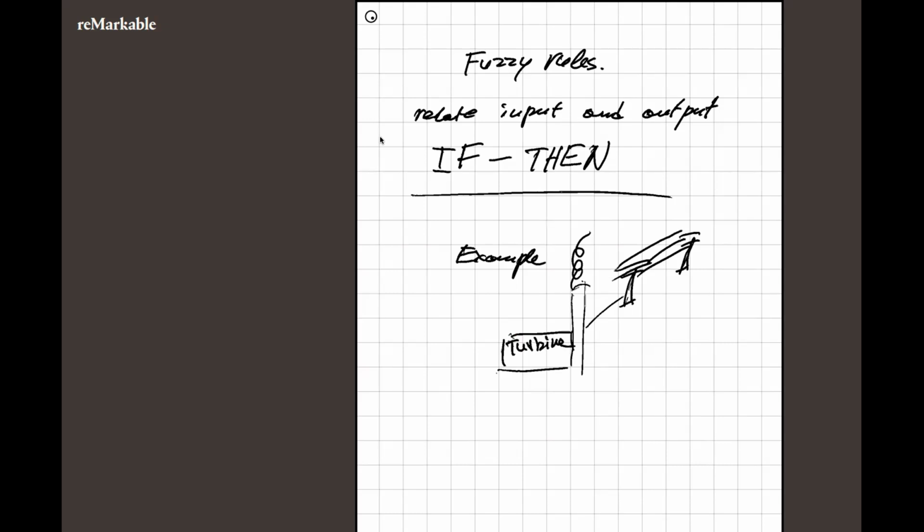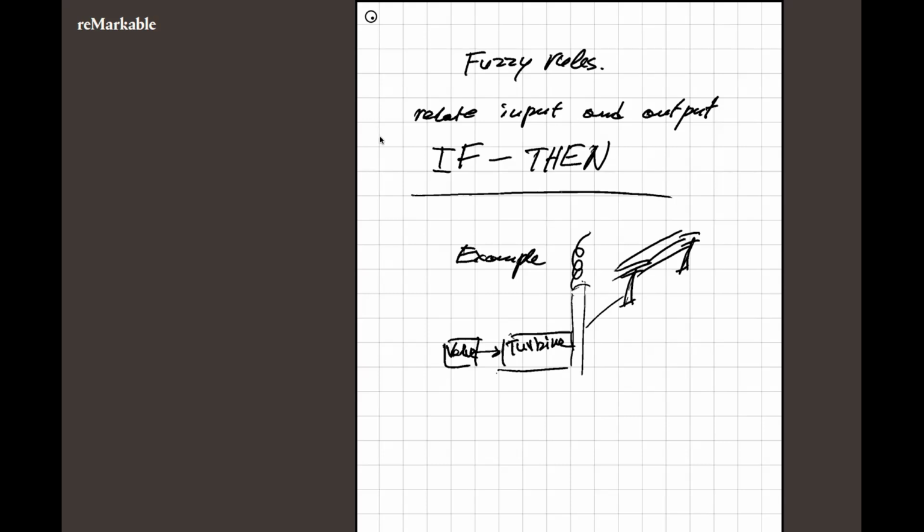And we want to control its effect, so production of energy, by an actuator, which is, well, in the very simplest case, a single valve connected to it.